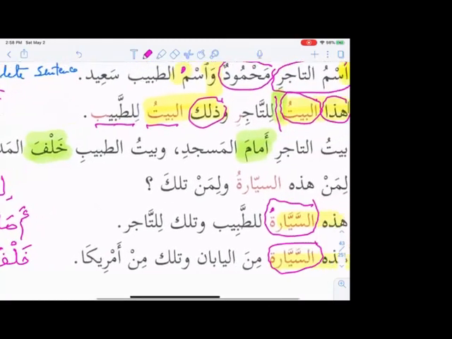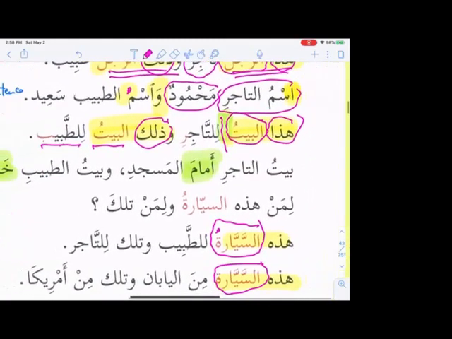So here, my brothers and sisters, baytu tajiri. Baytu is mubtada wa huwa mudaf, at-tajiri is mudaf ilayhi. And then amama. What is amama? I just told you. Zarf. Amama al-masjidi. So what is masjidi? Mudaf ilayhi. You have to remember and you have to write it.